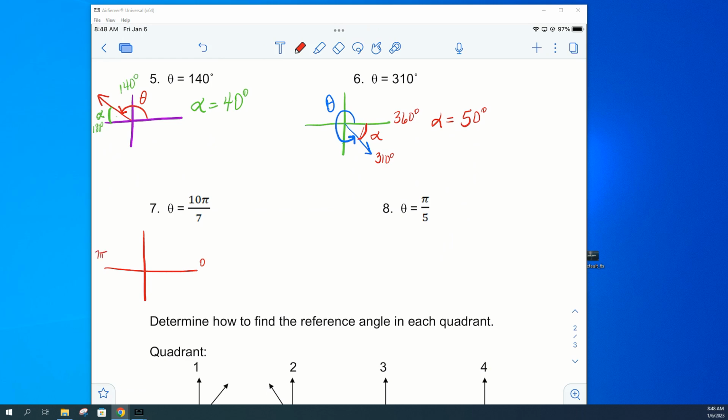This would be 7 pi over 7. And if I went all the way around, that would be 14 pi over 7. Okay, what's half of 7? That would be 3.5. So that would be 3.5 over 7. And if I added that, that would be 10.5 over 7.